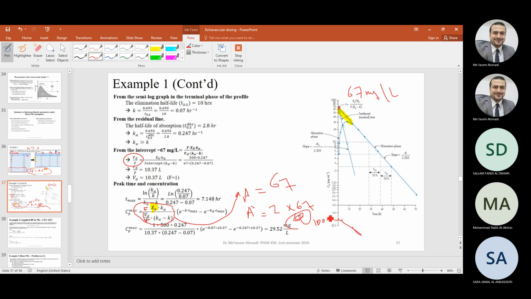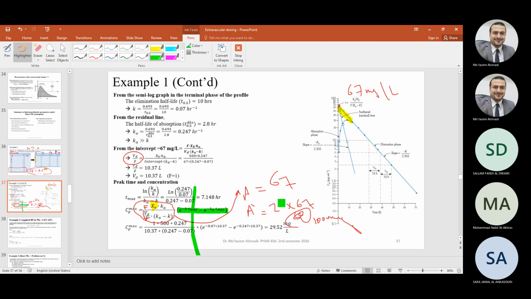Why double? Because everything between parentheses will not be changed. Everything here between parentheses will not change. I change the dose. The only thing that will be changed is the A. It will change from capital A to capital A prime, which will be doubled, because I doubled the dose. Which means the Cp max will be doubled.